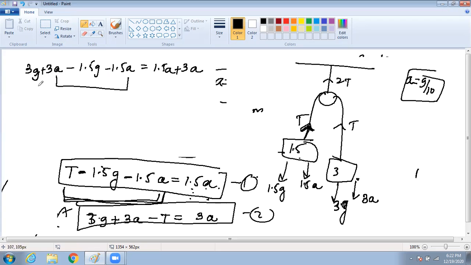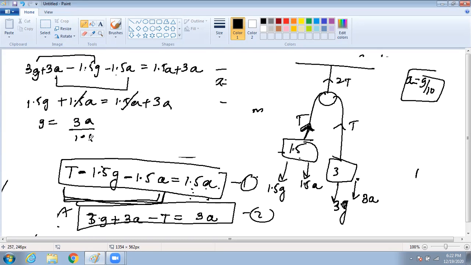So 3 minus 1.5 is 1.5g. 3 minus 1.5 is again 1.5a equal to 1.5a plus 3a. 1.5a, 1.5a get cancelled. So how much did we get? 3a by 1.5g, which gives 2a by g. But you know that a equal to g by 10. So can we substitute a equal to g by 10, and this 1 by g gets cancelled. So how much did we get? 2 by 10, 0.2 meter.